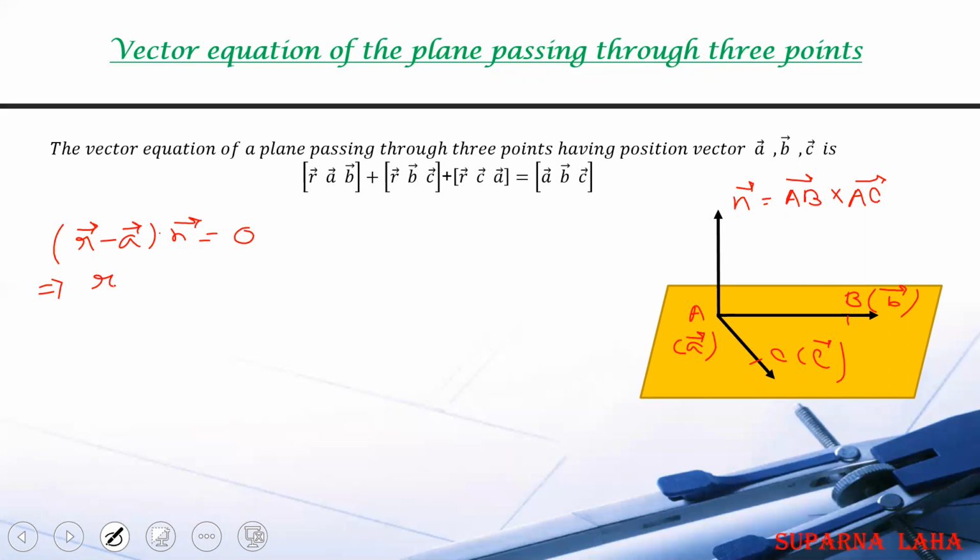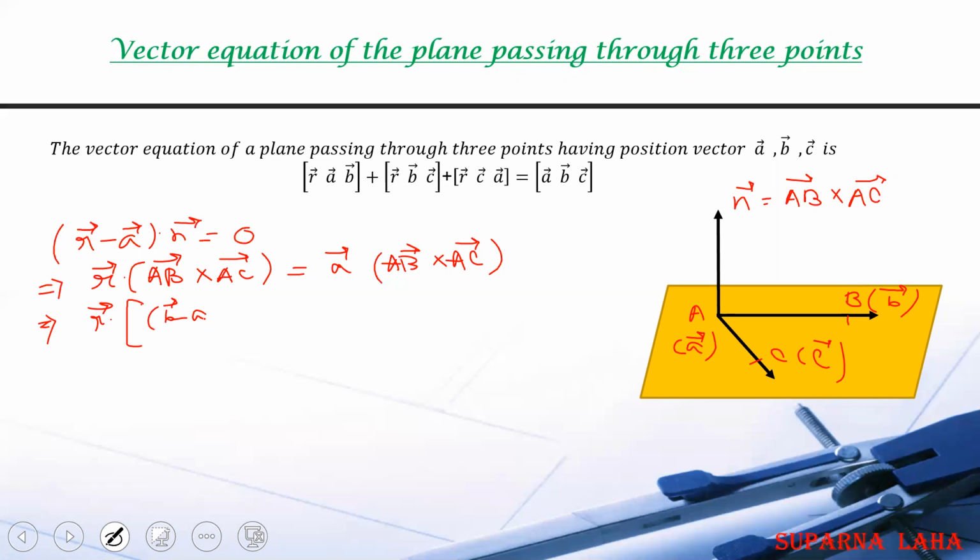Or we can write r dot n is equal to a dot n, where n is AB cross AC. Now what is AB vector? b vector minus a vector. So just write it down: (r minus a) dot ((b vector minus a vector) cross (c vector minus a vector)) is equal to 0.